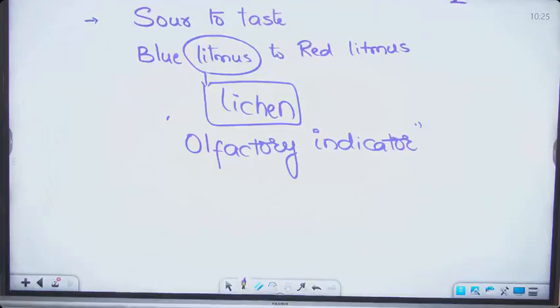When acid is added to onion, the smell of onion does not change. Whereas if bases are added, the smell of onion is lost.